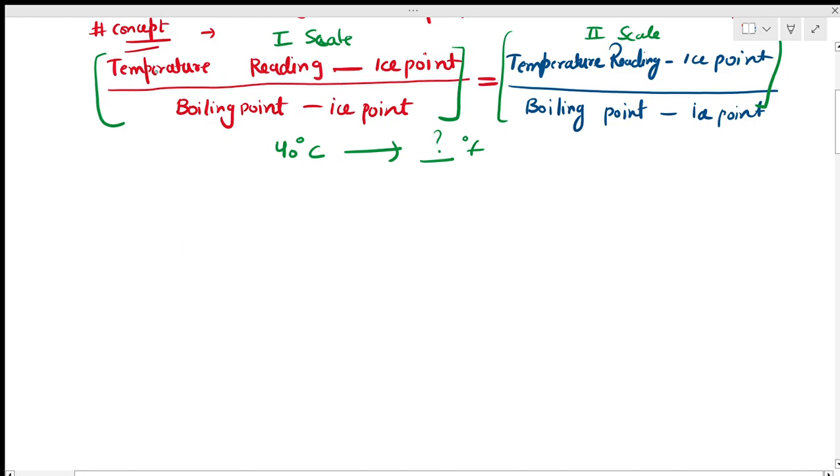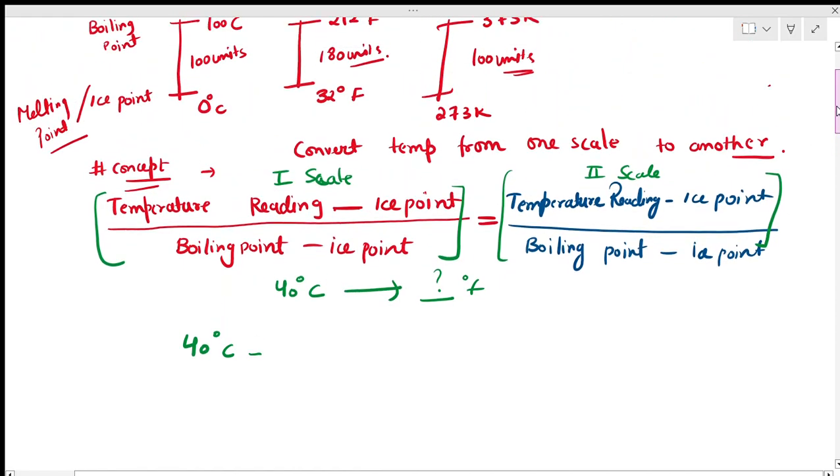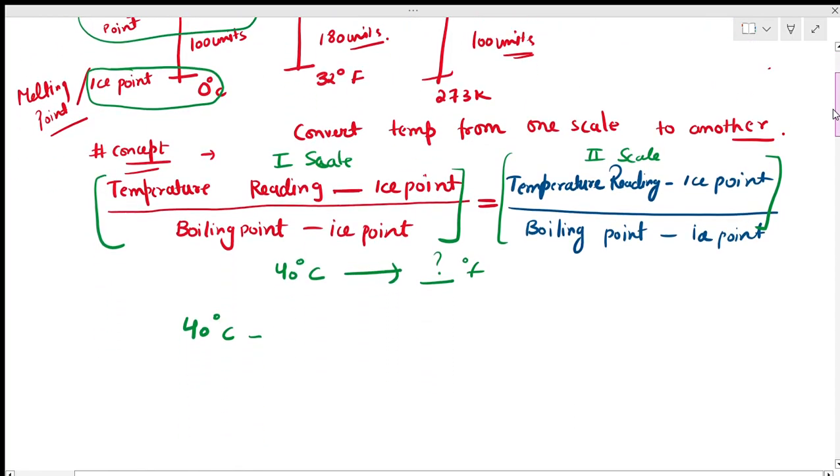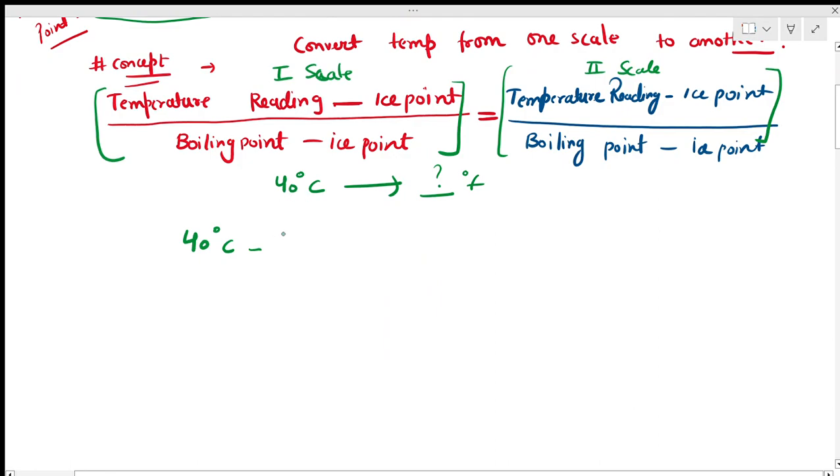So I will use the temperature reading here. Find the temperature reading, that's 40 degrees in one scale. The ice point of the centigrade scale is 0 degree, and the boiling point is 100 degree Celsius. So 40 degrees minus 0 degrees, and boiling minus ice, which is the gap, that is 100 units.